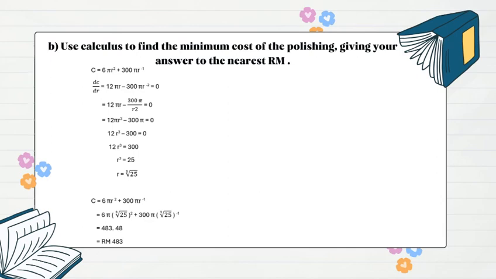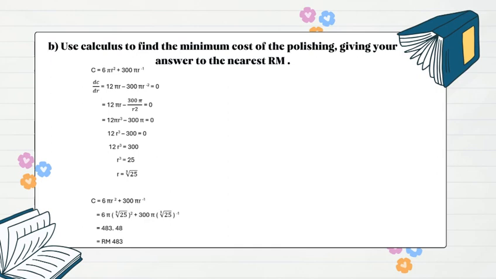At the stationary point, this form of equation is brilliant for differentiating. However, it is absolutely terrible for solving equations, so it makes sense to put this back into fractional form rather than having a negative power. So we write 12 pi r minus 300 pi over r squared equals 0.